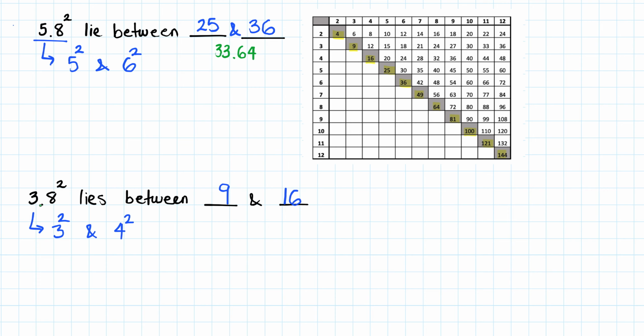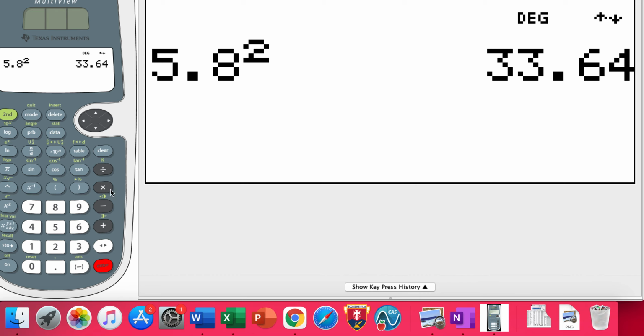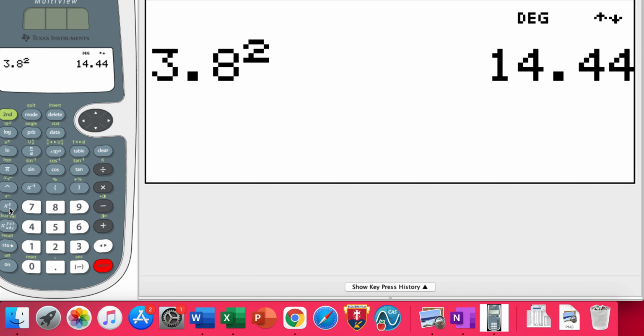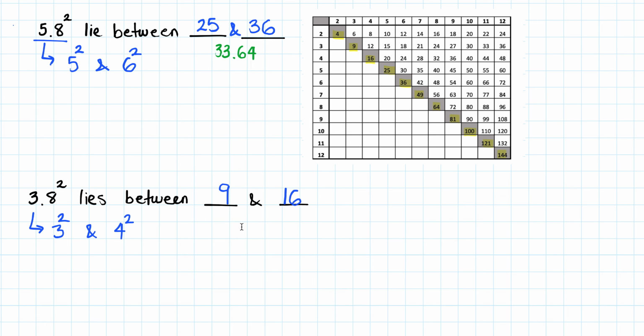Beautiful. And now if I do 3.8 squared, I know that it's going to be between 9 and 16. Let's check. 3.8 squared, 14 and 44 hundredths, which is between 9 and 16.